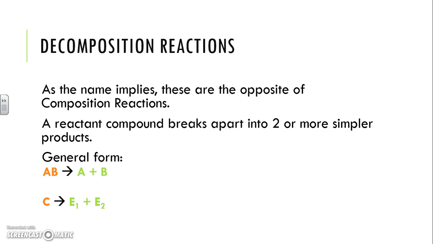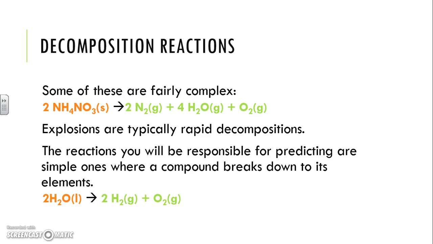Decomposition reactions are, as you might suspect, the opposite of composition reactions. So in a decomposition reaction, a compound breaks into 2 or more products. Generally, we could write that as AB goes to A plus B, or compound C goes to element 1 plus element 2.